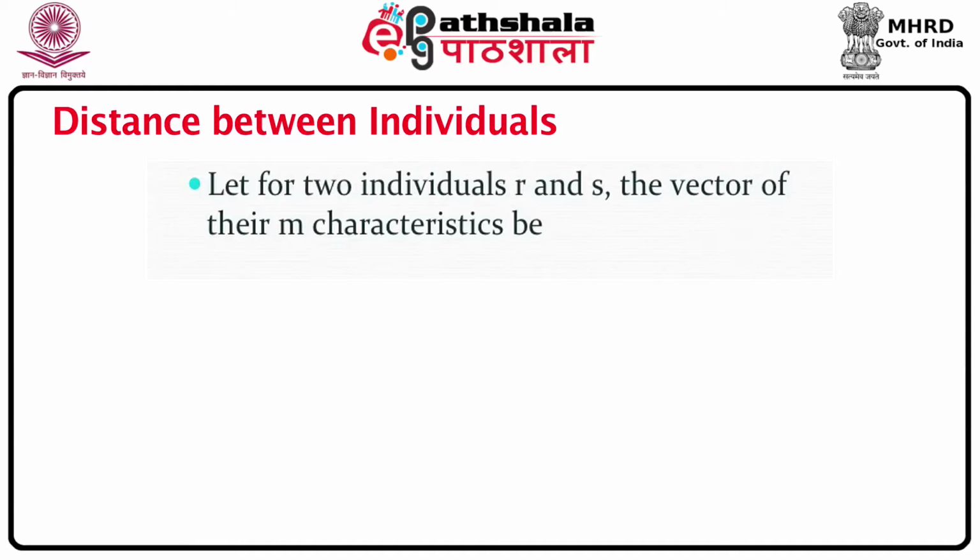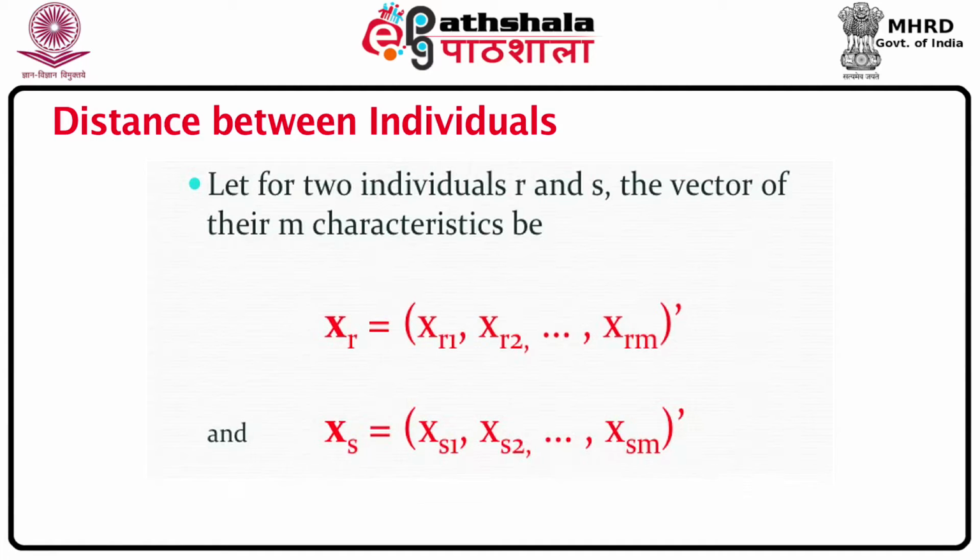Now, two individuals may be similar with respect to one characteristic, and two different individuals may be similar with respect to another characteristic. So, how do you identify which of these are closer to each other? We need to find some way of saying that these two individuals are closer to each other than maybe a third individual. So, this is the distance that we need to find out first.